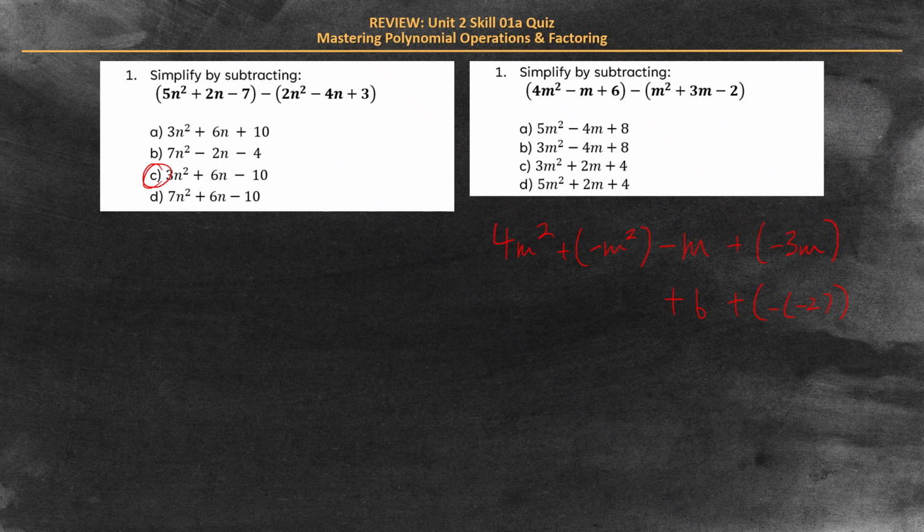So again, this is going to equal 4 minus 1 is 3m squared. And negative m plus negative 3 is negative 4m. And 6 plus negative negative is positive, so 6 plus 2 is 8. So 3m squared minus 4m plus 8. All right. Let's move on to the next question.